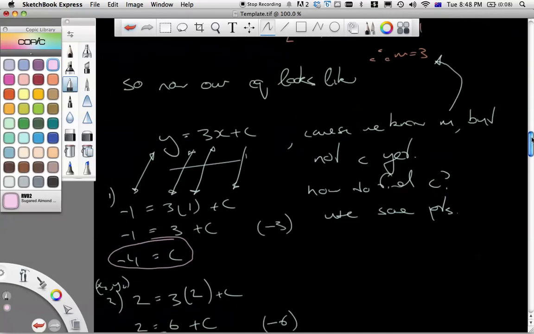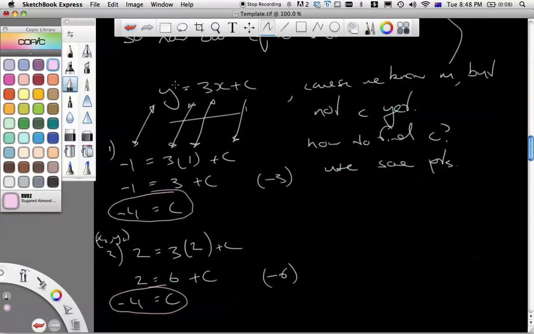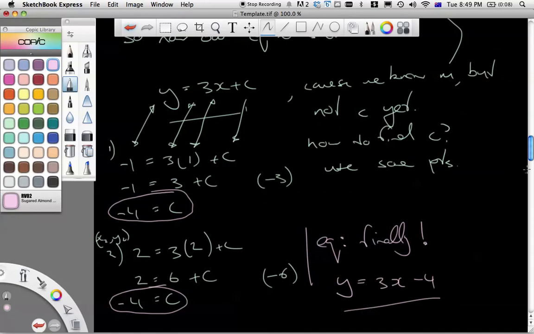So what's our equation? Well, we worked out the gradient earlier, and now we've just worked out c. So the equation, finally, is simply y equals 3x plus c, and in this case c is a negative, so plus a negative is just a negative, minus 4.